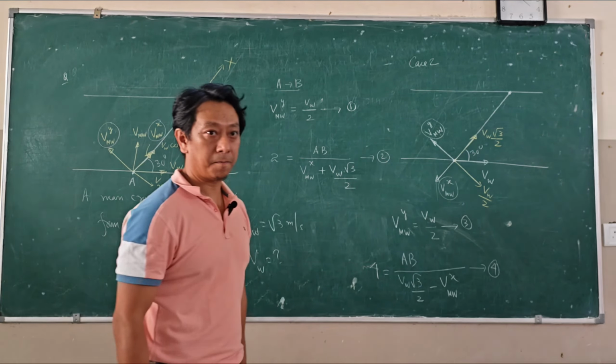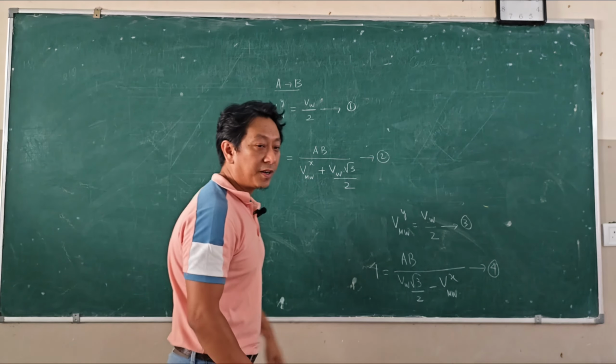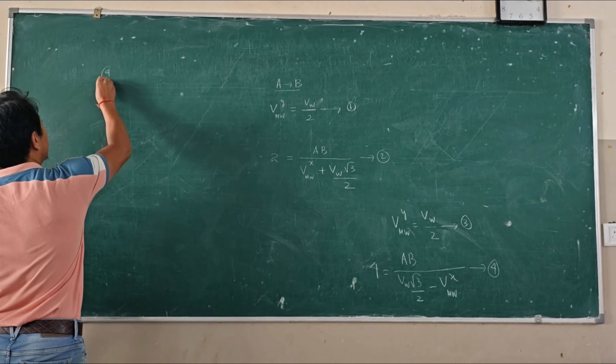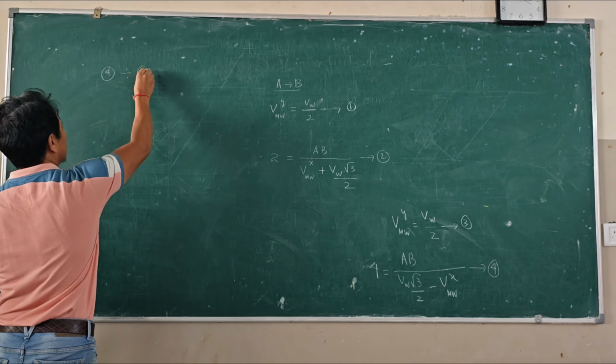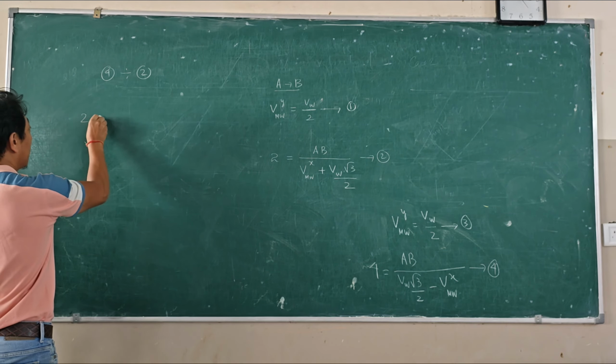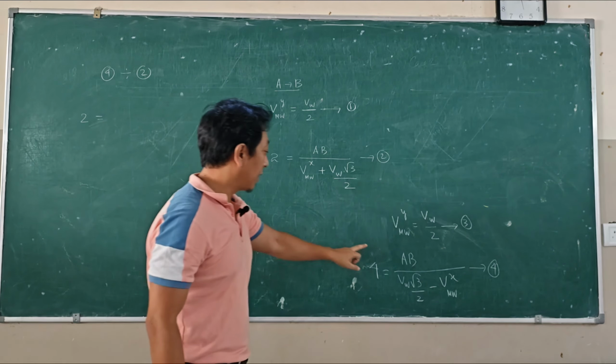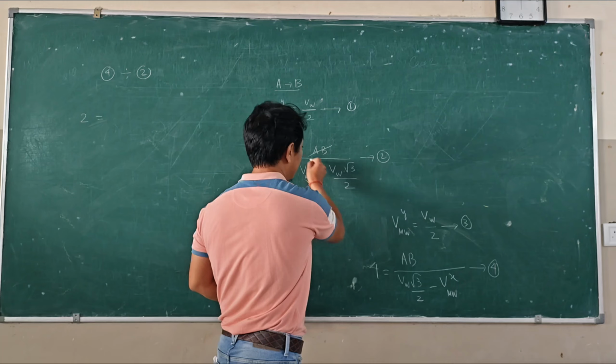So now from equation 4 and 2 we can simplify to find some relation between VW and VMW x. Okay guys, what to do with these two? Divide. So equation 4 divided by equation 2. On the left side, 4 by 2, I will get 2. On the right side, AB will cancel.